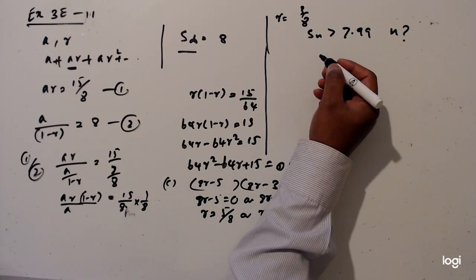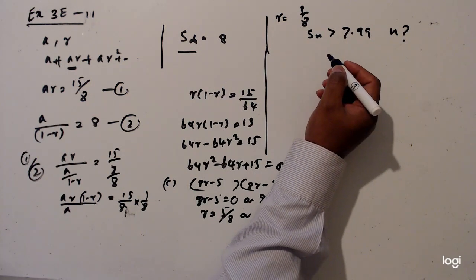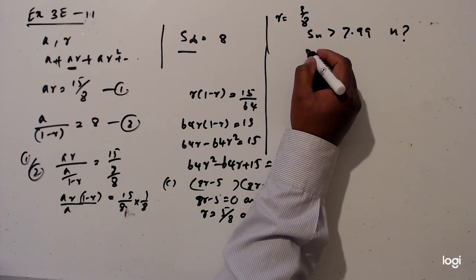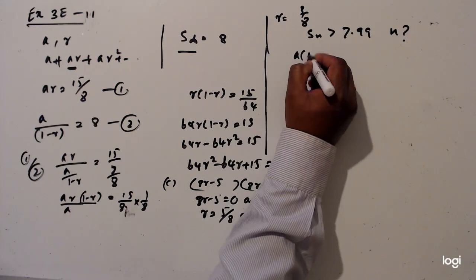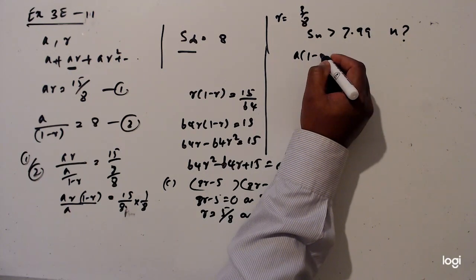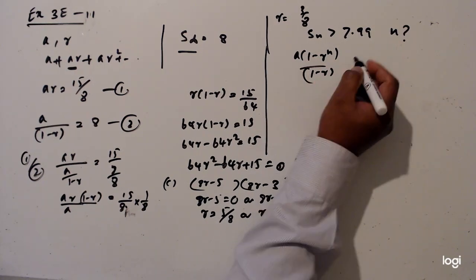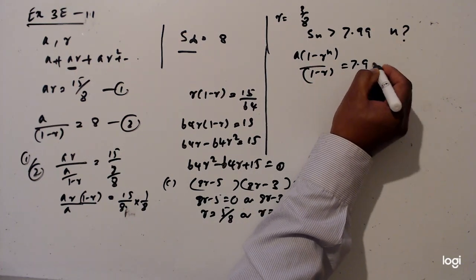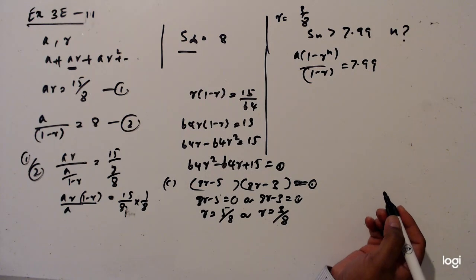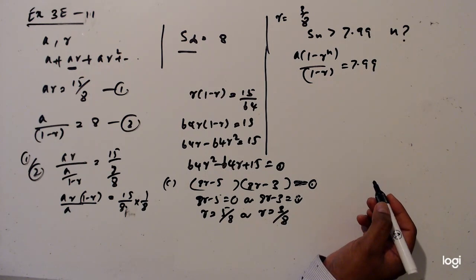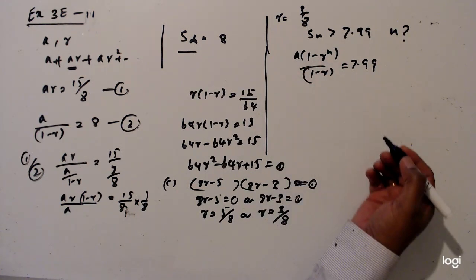So as usual, we can write a times 1 minus r^n over 1 minus r equals 7.99, and we'll work out the value of n.